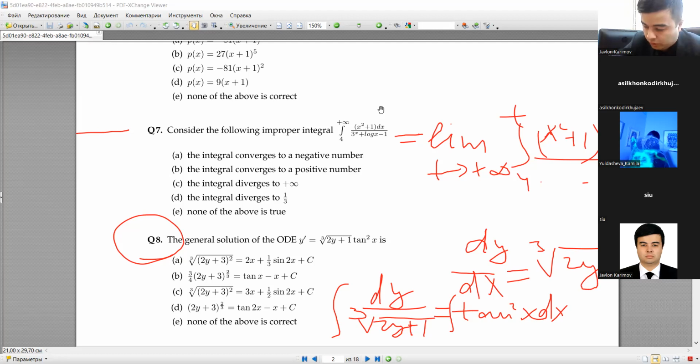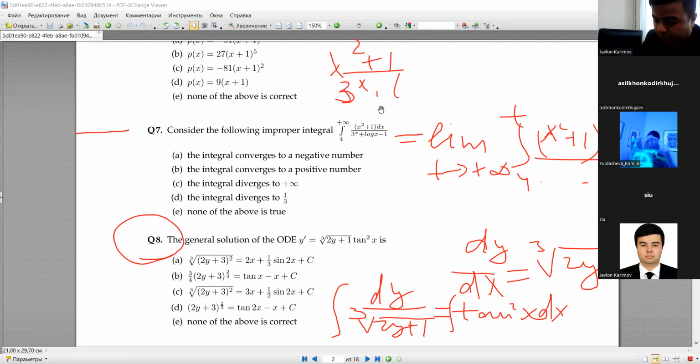So we need to compare the next function, x squared plus 1 divided by 3 times x plus log, and we change it, for example, by x minus 1. So here we can do it less than or equal to, and also we have a to the power of x.